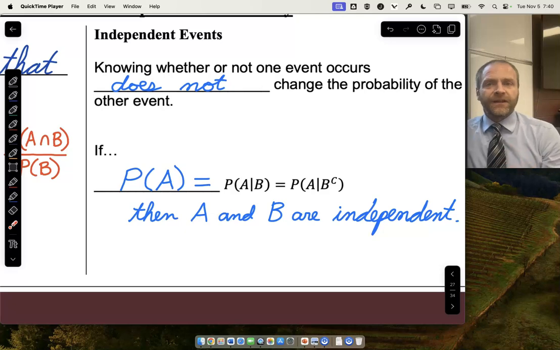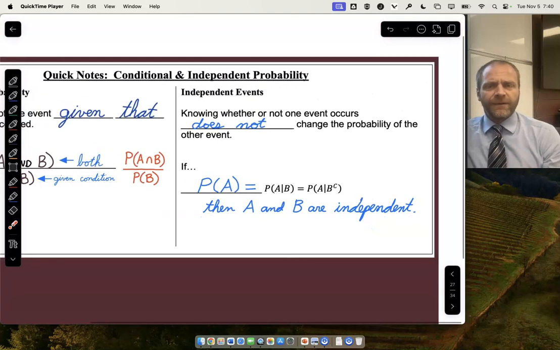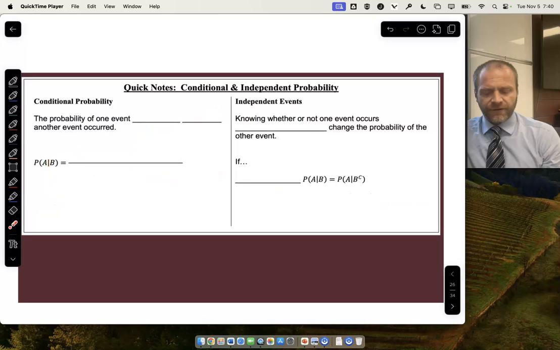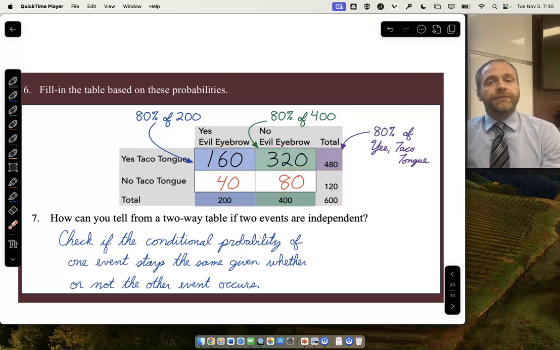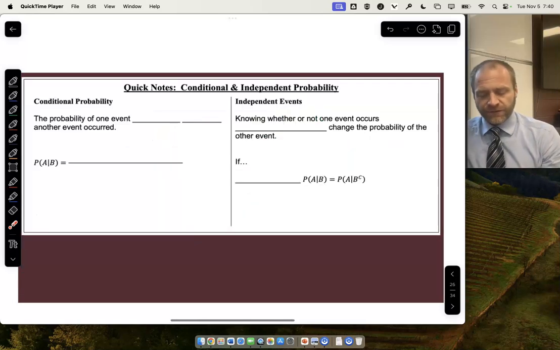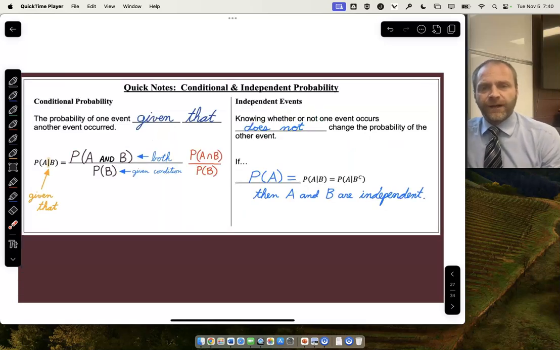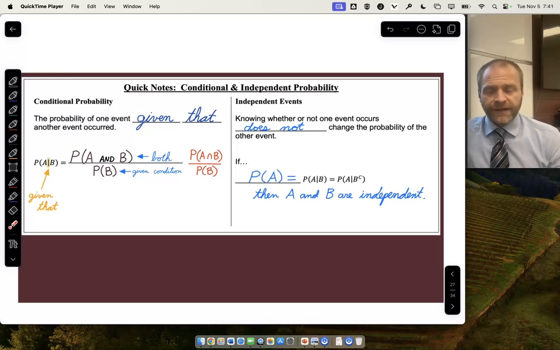That's where independence comes in, which is what I really like about what we did with the two-way table in the previous part of the notes: I find my original probability, and then check the conditionals, which is taking the rows and dividing by the totals below, and they all need to be equal to each other in order for it to work. So the probability of an event happening will not change given that another event already occurred. And this is what that form means for us.